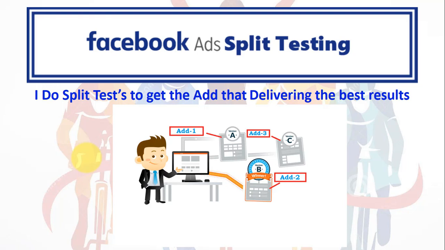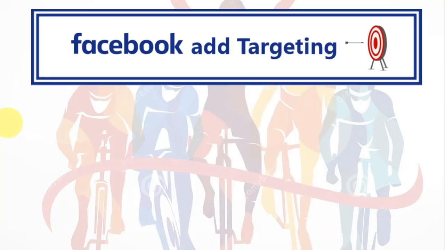From there on you can use that one, and let's say you use it for a month, and then you switch it, because your customers develop an ad blindness, and what we do then, we change the picture, and again we use two different pictures and see which of those two pictures is the winning picture, and then we can play around a bit with the ad copy also, and then we find winners out of that. So that is how the split testing works.